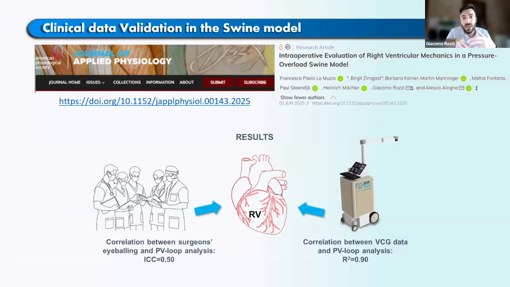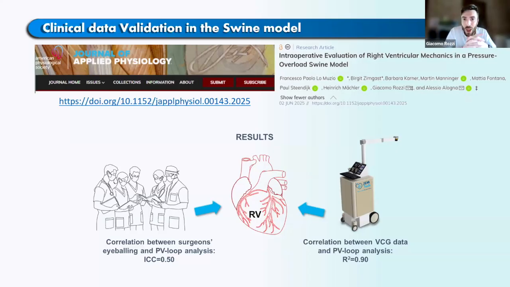We correlated our device with a gold standard, and then we asked 5 expert clinicians to also provide their hints about the beating heart, and we correlated their analysis. From this study, we showed that we were able to analyze the heart two times better than the clinicians.